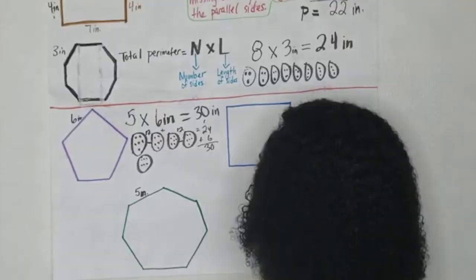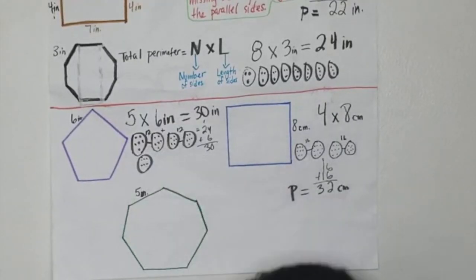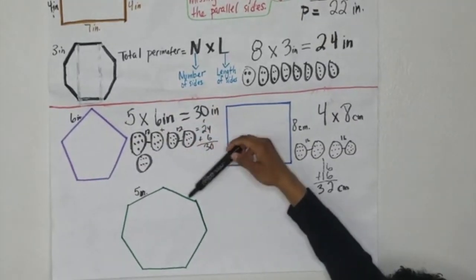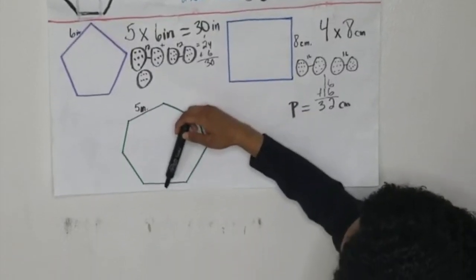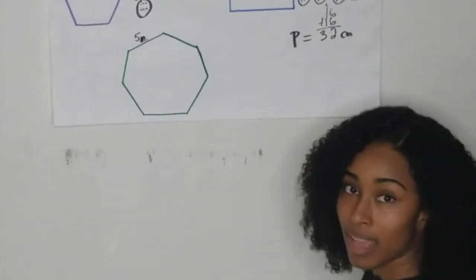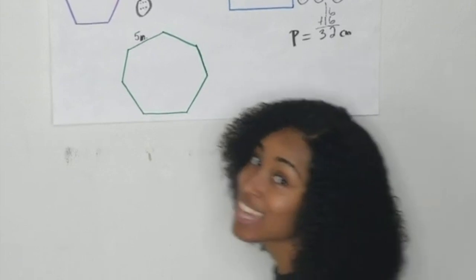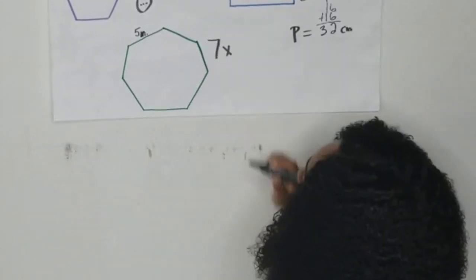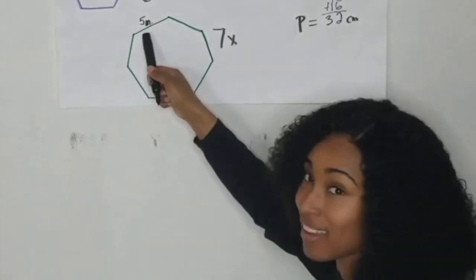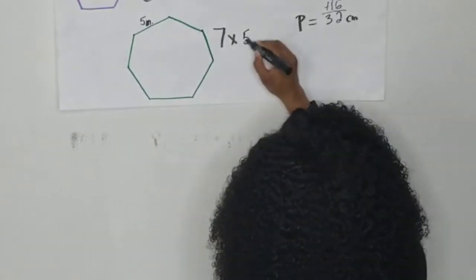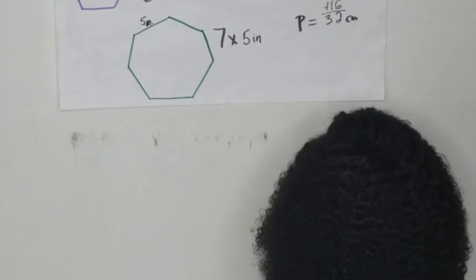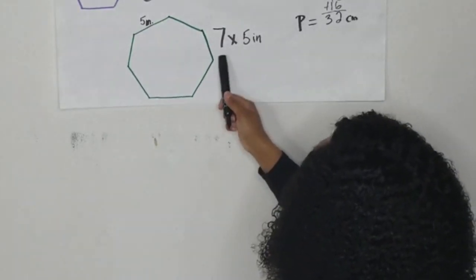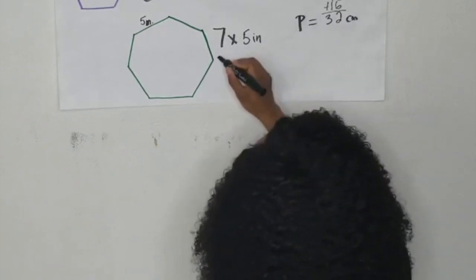We got one more to go. Let's count how many sides this one has. Get ready, go. How many sides? 7. Times the length of the side, which is 5 inches. Now I know I'm going to do 7 groups of 5.